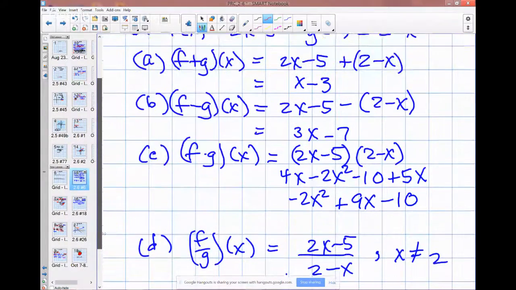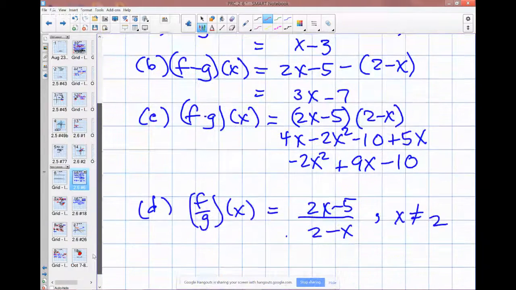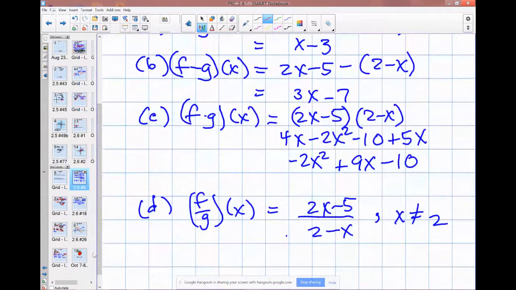So that's just practice of what we did at the beginning of our session today. Those are pretty simple. And in fact, in the division, you see how I can't do much again? 2x minus 5 over 2 minus x. Well, I really can't, but I can say x is not equal to 2 because of the domain problem we would have down there in the denominator. Okay, so I believe that's pretty straightforward.